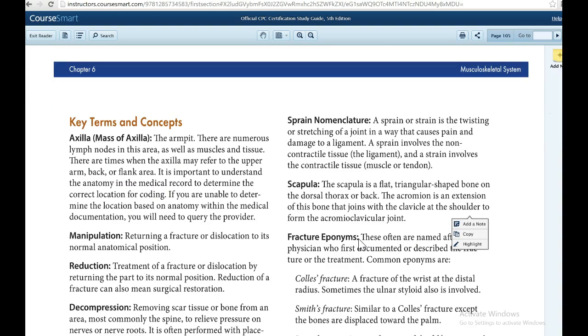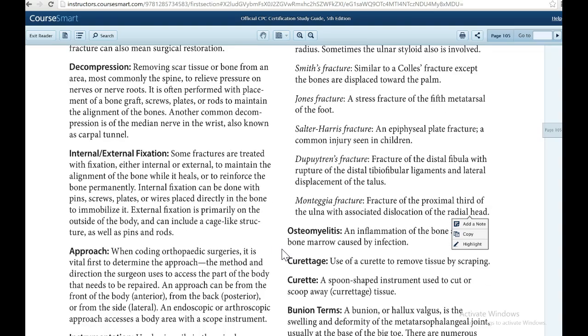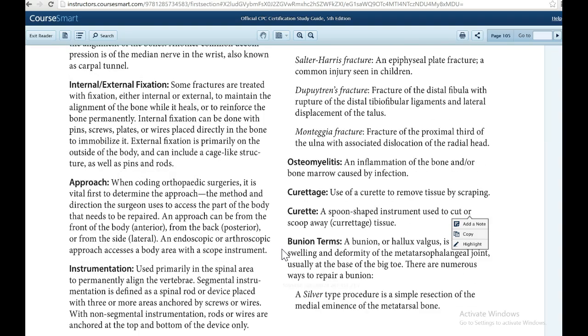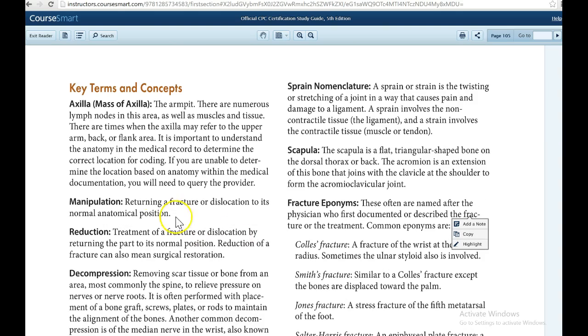These are some key terms, y'all. Again, I know it's been a while since you had medical terminology and anatomy. Make sure you know this medical terminology. Make sure you know these approaches, such as these right here, y'all. Axial mass. You need to know what that is.